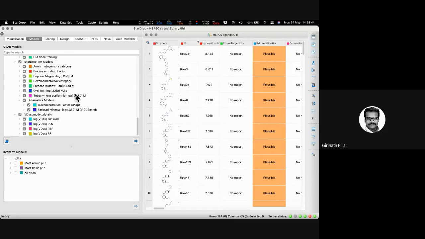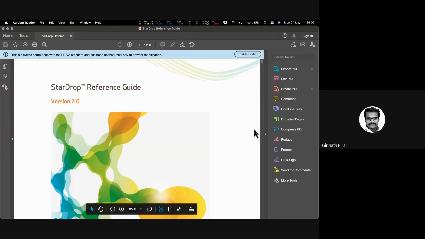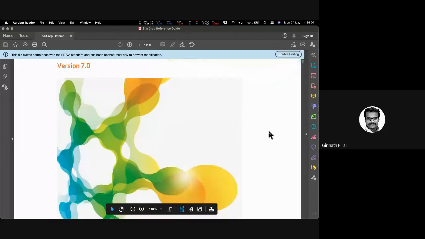So let me give you a heads up on that. If you go to the help menu, the reference guide is something different from the user guide. The reference guide is a scientific document which talks a lot more about which data set is being used to generate the models. Yeah, it has loaded. I hope you can see it.